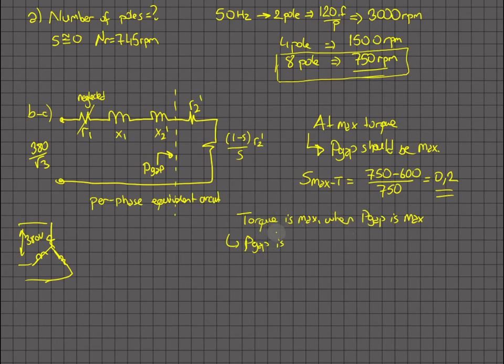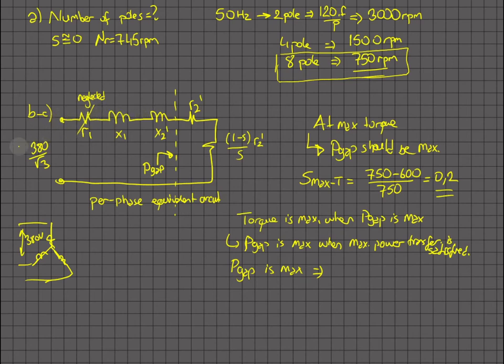So P gap is maximum when maximum power transfer is satisfied, and the condition for that one, P gap, again, is max if R1 is neglected.